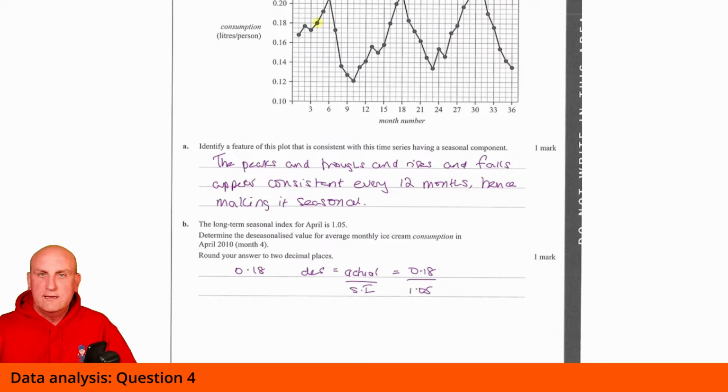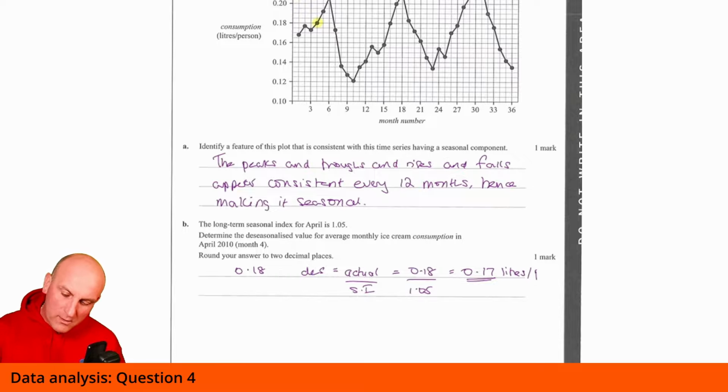Let's do that on my calculator. 0.18 divided by 1.05 gives me 0.17 to 2 decimal places. Determine the deseasonalized value for the average monthly ice cream consumption in April 2010. I'm just going to do litres per person there. So 0.17.